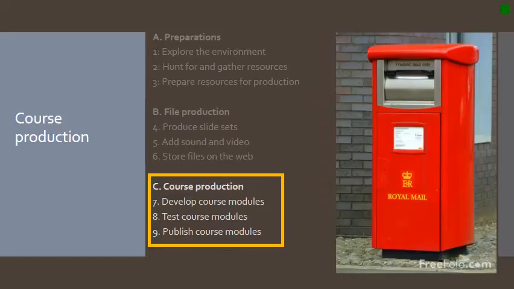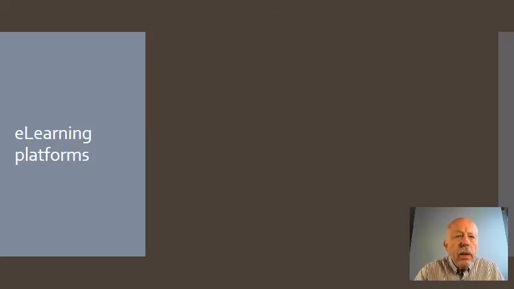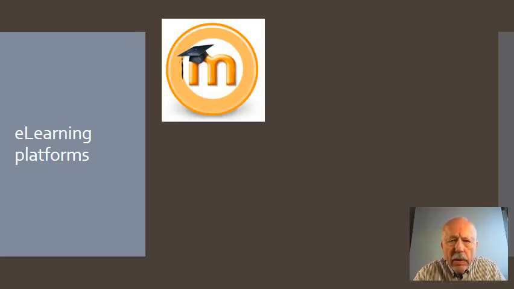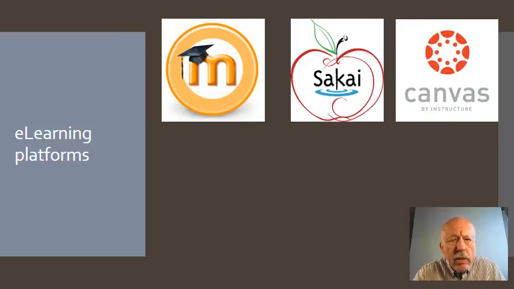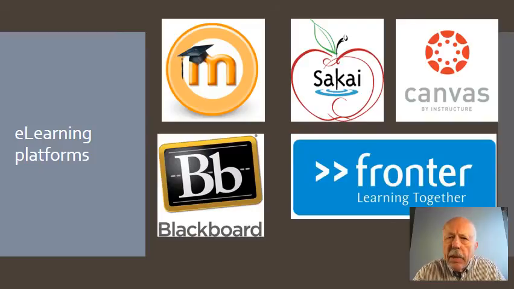We can produce our online lectures without choosing a delivery system. But to produce courses or digital textbooks, we need to choose a platform. The choice of e-learning platform is strategically important. There are many actors competing in this market: Moodle, Sakai, Canvas, Blackboard, Fronter, and many others.